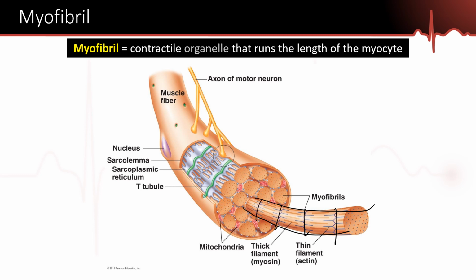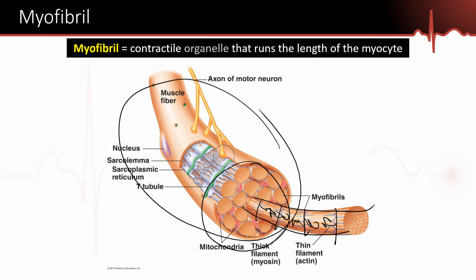If during a contraction, all of the sarcomeres within a myofibril shorten, then what happens to the myofibril? The myofibril shortens because it's made up of sarcomeres, and if all the sarcomeres are shortening within a myofibril, then the myofibril itself is shortening. If during a contraction, all of the myofibrils are shortening because all of their sarcomeres are shortening, what does that mean for the actual muscle fiber itself?